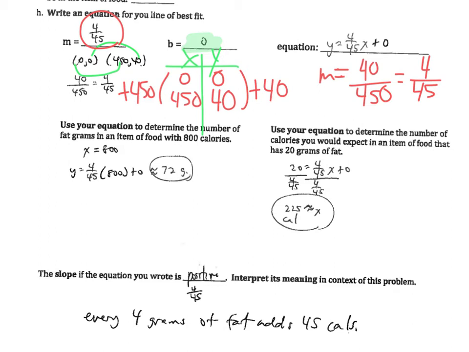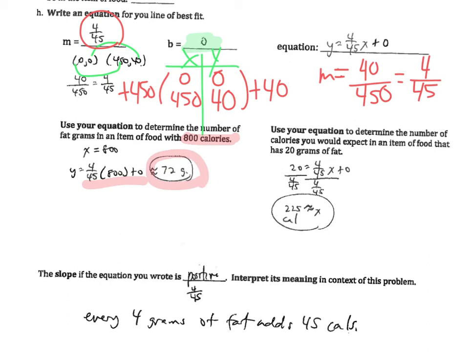The first thing to observe is that 800 calories is what's given to you. Calories is the x, so you're going to plug 800 in for x, not y. That's why 800 is plugged in right here, not for y, okay? And then from there, all you're doing is plugging this in your calculator: 4/45, so 4 divided by 45 times 800 plus 0, and you get 72 grams, okay?